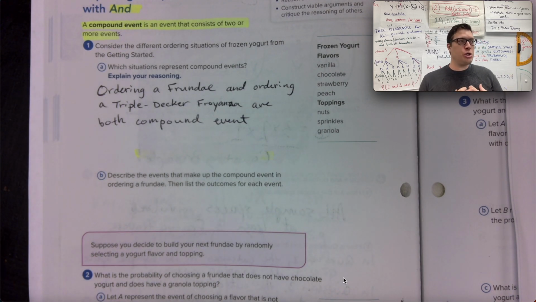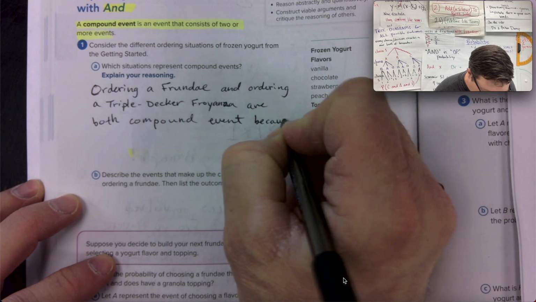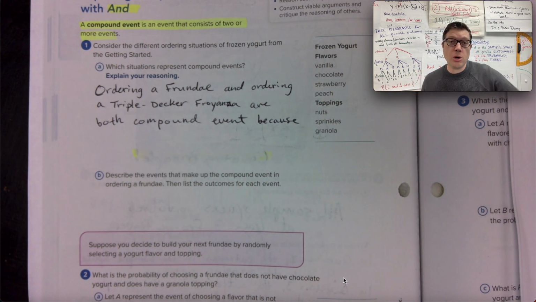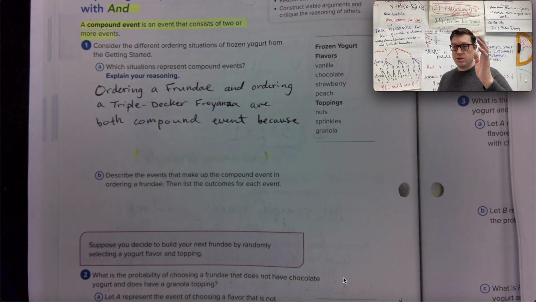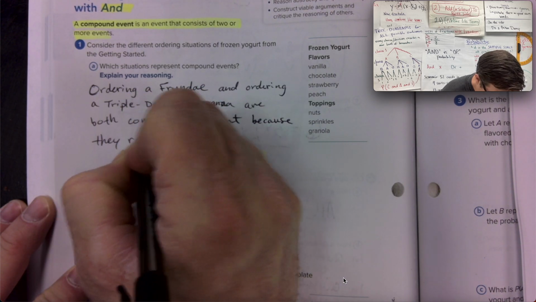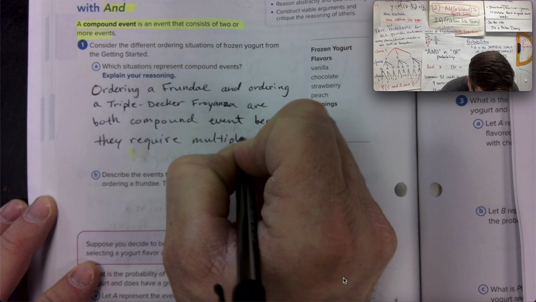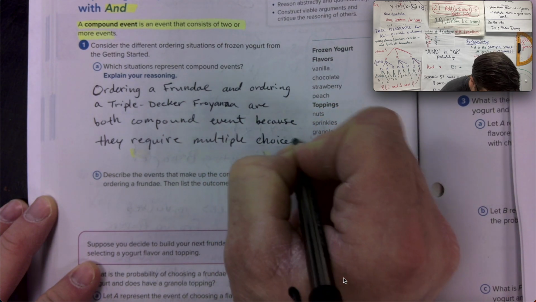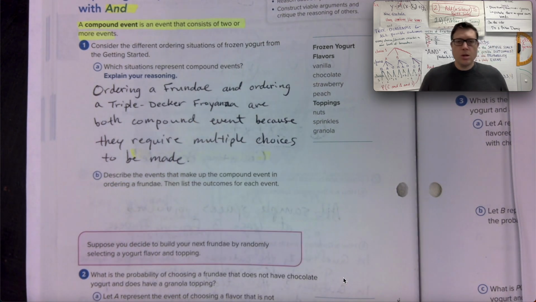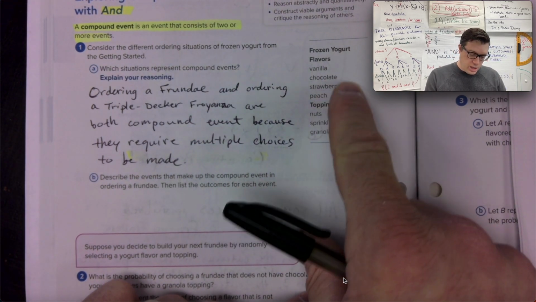So a decision to order a frozen yogurt flavor, or the decision to order toppings, from decision 1 to decision 2. They're both compound events. Frozen yogurt flavors were vanilla, chocolate, strawberry, peach.